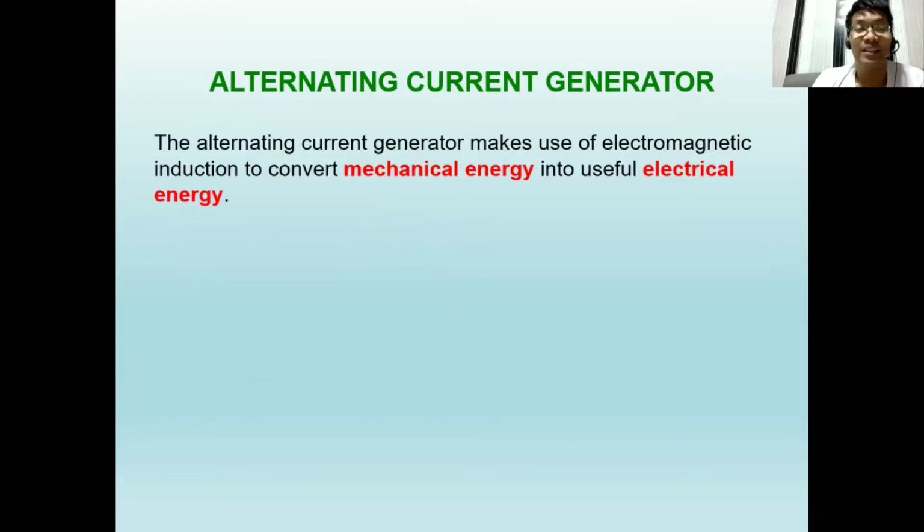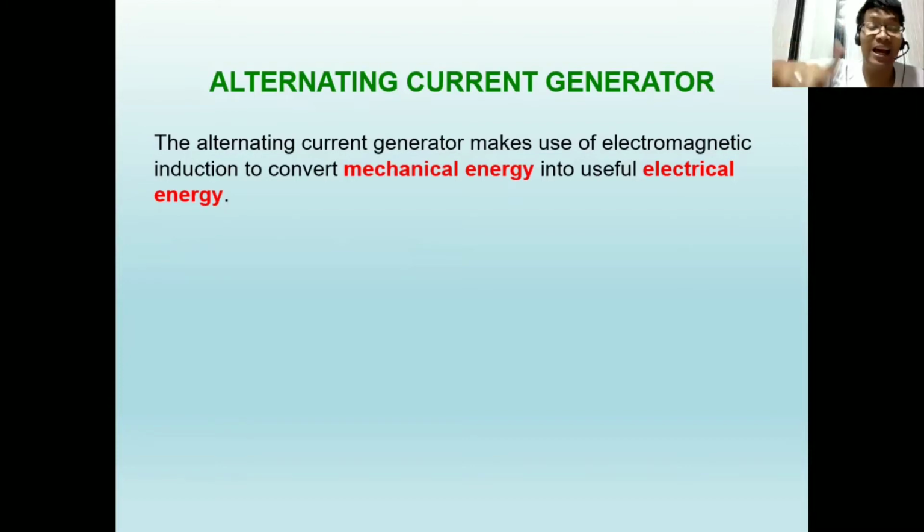But first, let us describe what an AC generator is. Pag sinabi nating alternating current generator or AC generator, it makes use of electromagnetic induction to convert mechanical energy into useful electrical energy. One form ng mechanical energy ay kinetic energy.